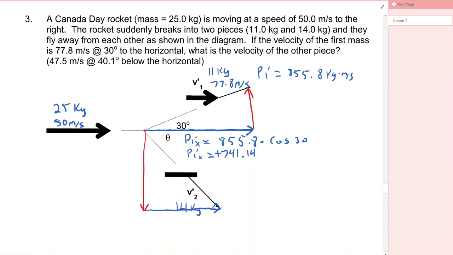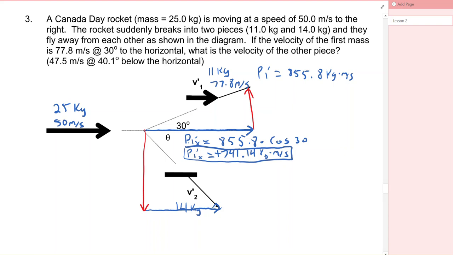That's positive because it's going to the right. Kilograms times meters per second. All right, like I said before, anything you're going to need for later, put a box around. Okay, so I got that one figured out.